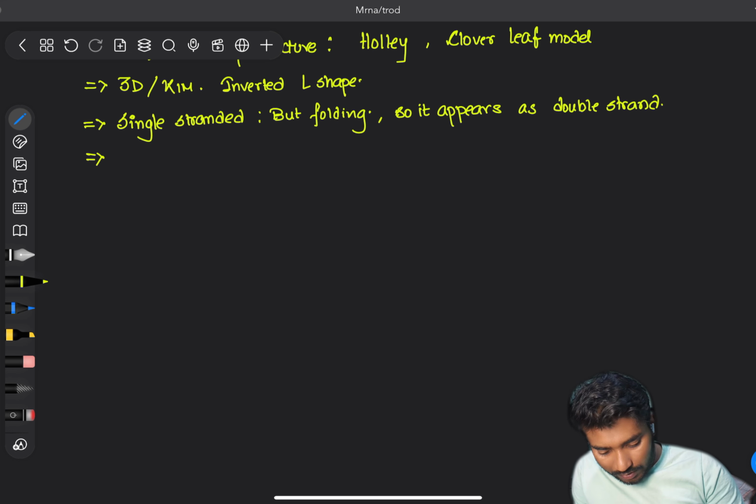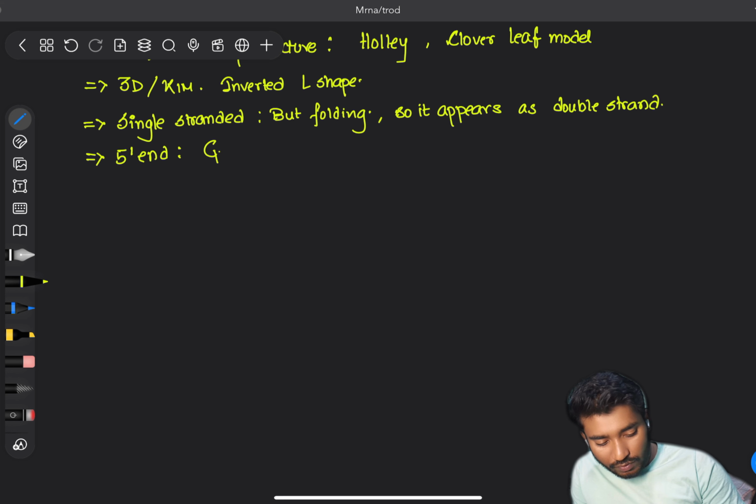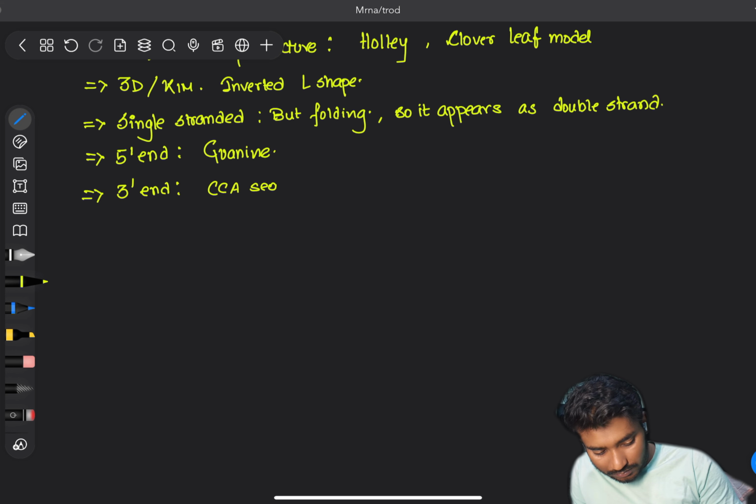Now the 5' end is of guanine. The 3' end ends with CCA sequence.